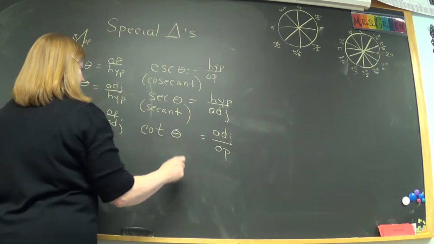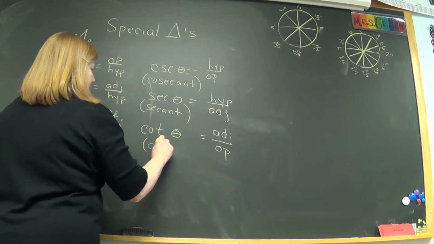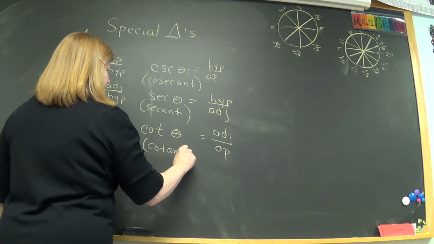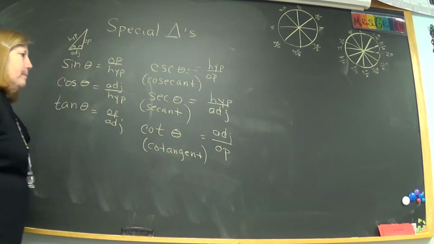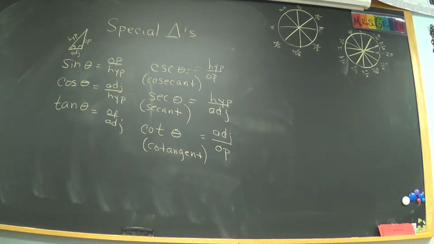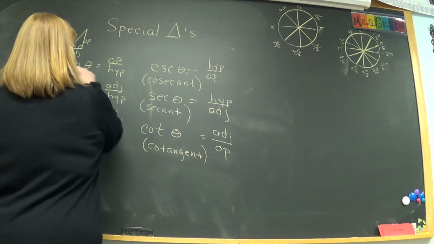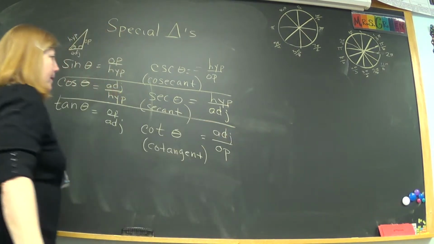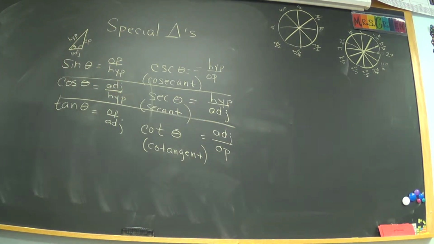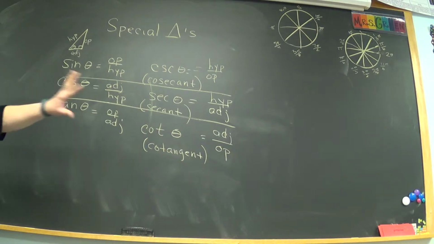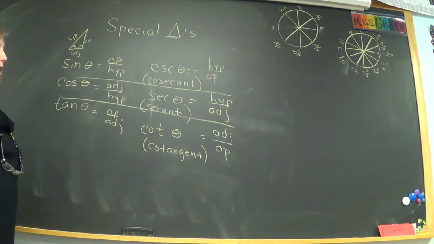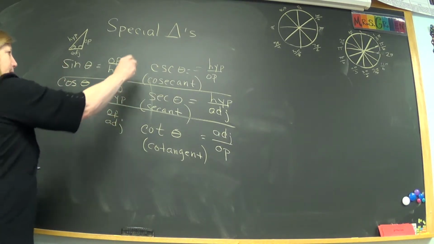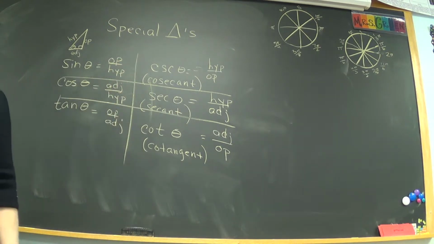And its symbol is COT. We did SEC and COT, I think, but we did not do CSC. Each of them has its own reciprocal, like that. All right. Have you got that down?